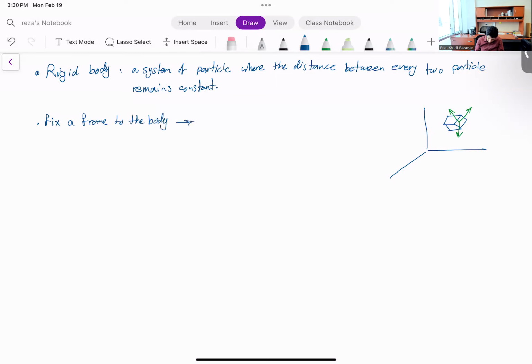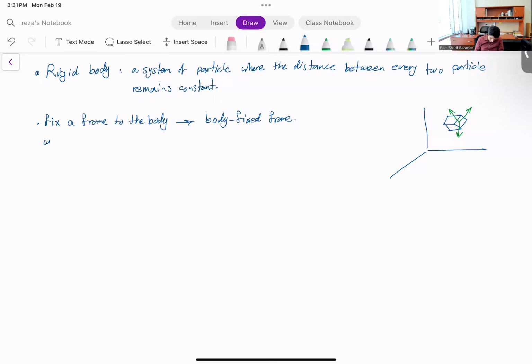This frame is usually called a body fixed frame. And what we can do now, instead of just talking about randomly how the object is oriented and located in space, we can dedicate our focus to only this frame, this body fixed frame.